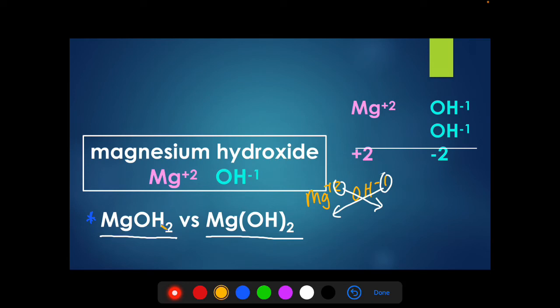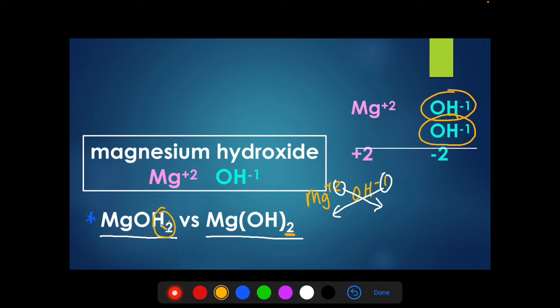But I don't want just 2 H's. I need 2 groups of OH, 2 groups of hydroxide. And so if I use parentheses and put the 2 outside the parentheses, like in the second example, that would actually show 2 groups of hydroxide instead of just 2 of the hydrogens.